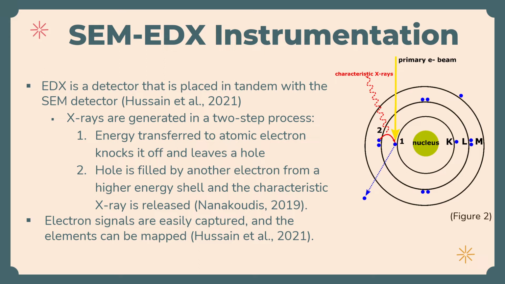The next step fills the hole with another electron from a higher energy shell, and this movement will generate an X-ray that is read by the EDX detector. Electron signals are easily captured, and the elements then can be mapped to determine what elements are present within the sample.